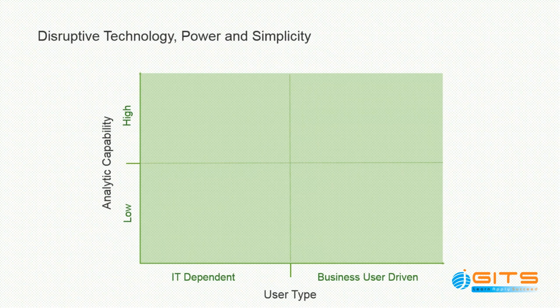If we just try to compare the market leaders in the BI area on two parameters, that is analytical capability and the user type, we can see that the leaders such as IBM Cognos, or Business Objects from SAP, or Oracle Hyperion, all these tools have a very high analytical capability, but at the same time they are very dependent on the IT folks. You need a properly trained developer to deliver all your solutions in this space using these tools.